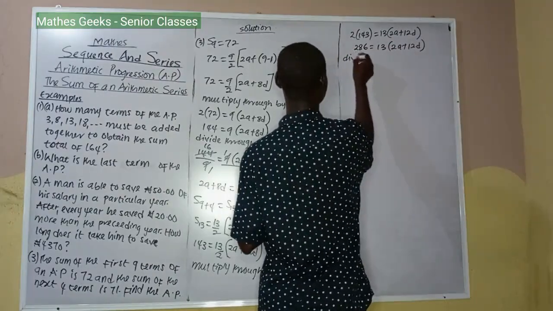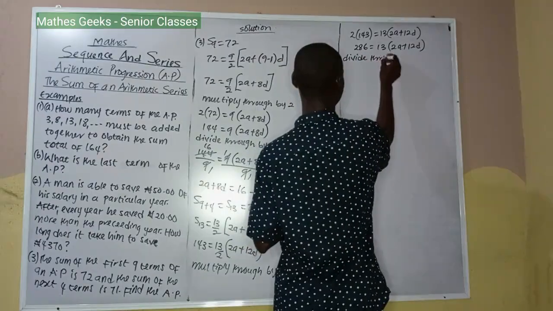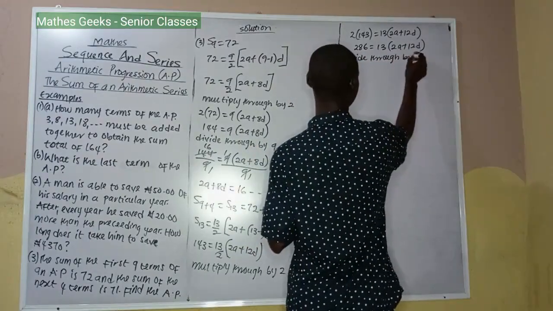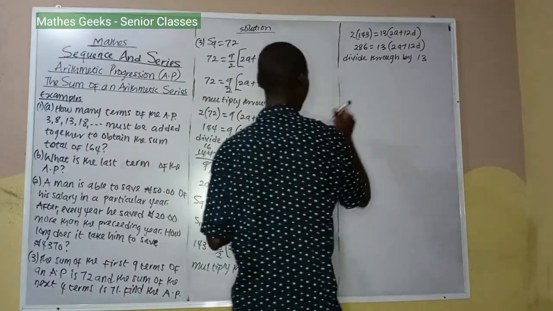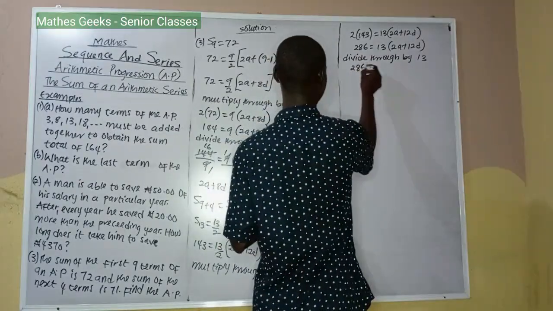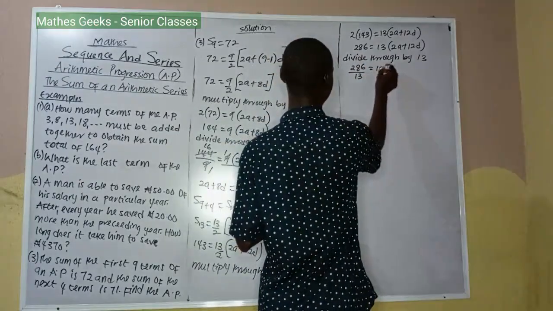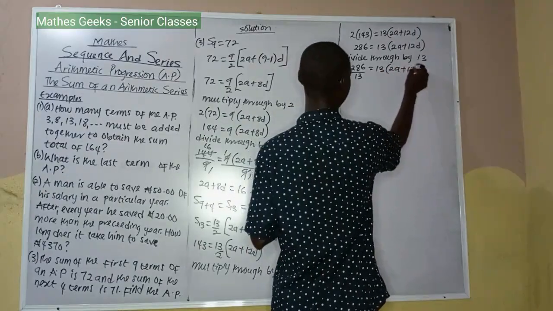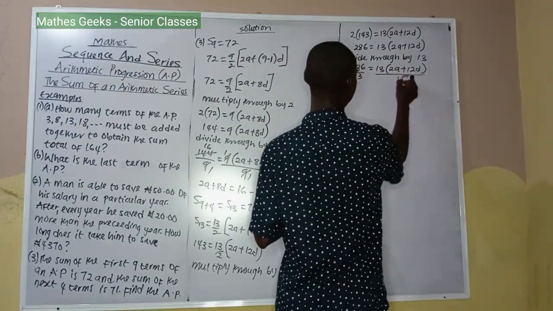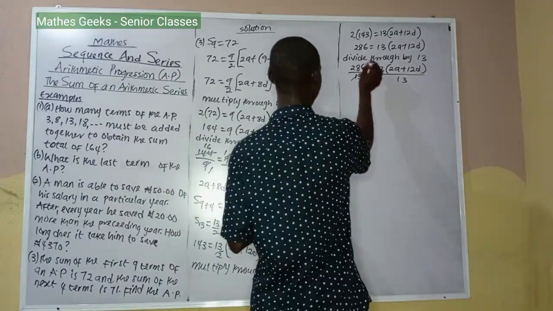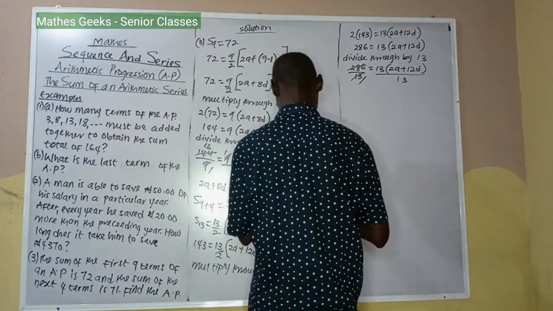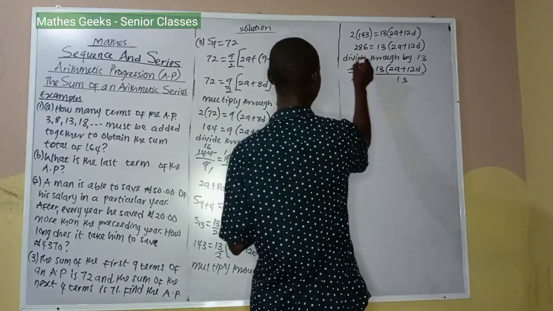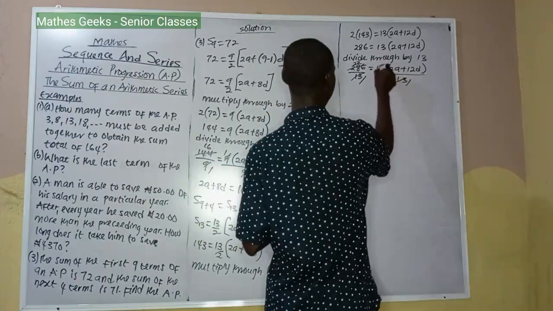So divide through by 13. 286 divided by 13 is equal to 13 times 2a plus 12d over 13. 13 times 22 is 286.